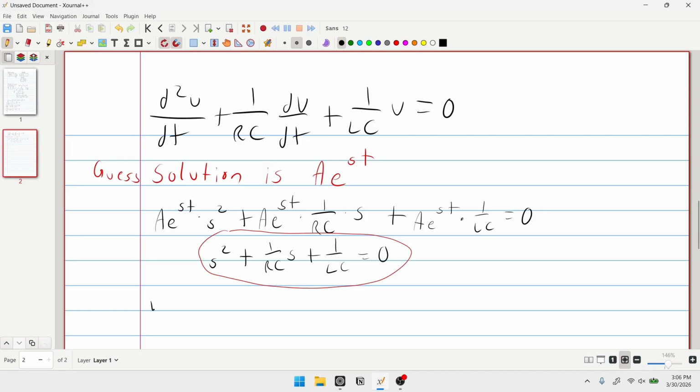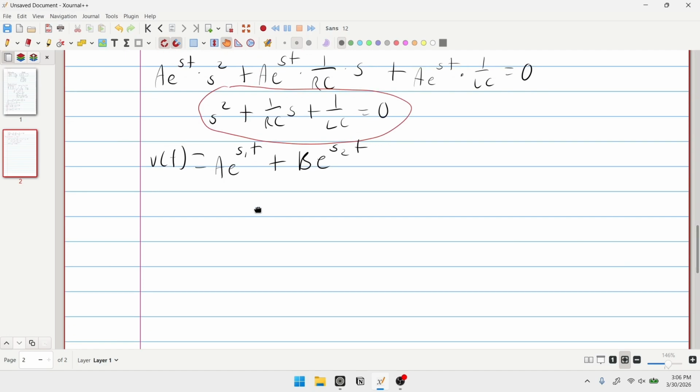So we'll see that v of t will equal a e to the s1t, our first root or first solution from this quadratic, and b e to the s2t, right? And so just keep moving down.